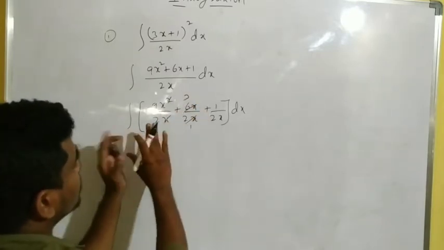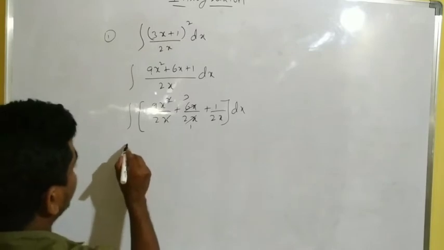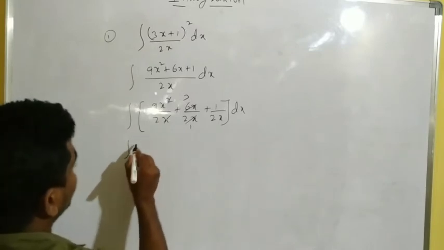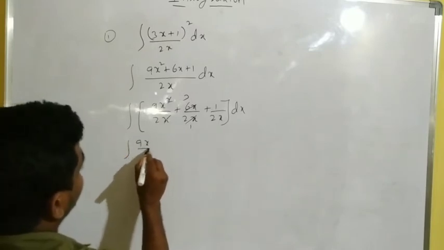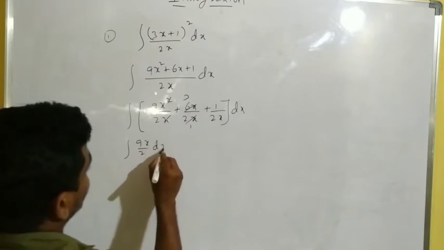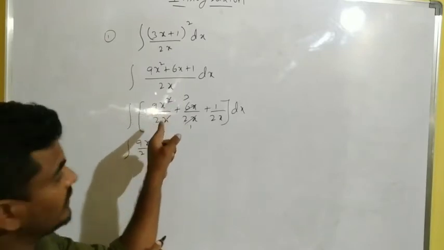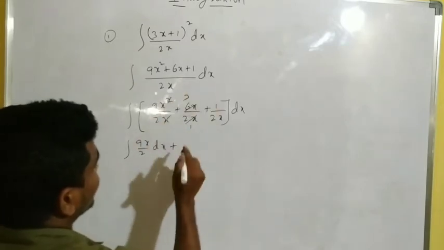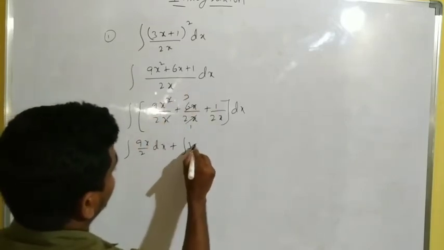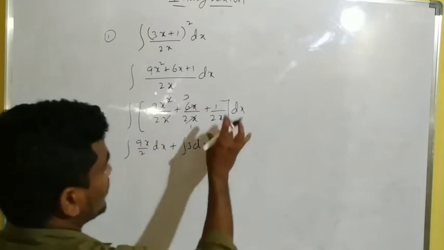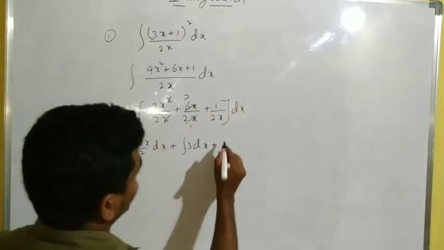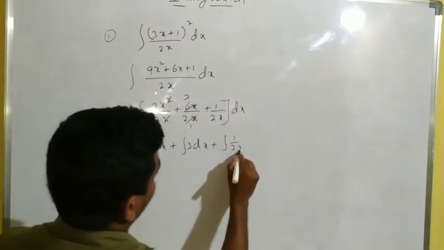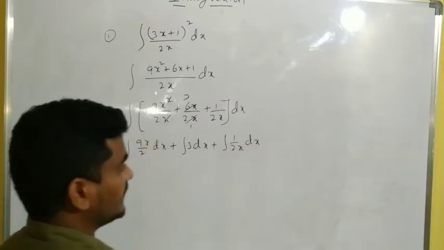And next when you take all individually, integration of 9x by 2 dx, here 9x will be left and by 2 is there, plus here only 3 is there, so 3 dx, plus here 1 by 2x dx.